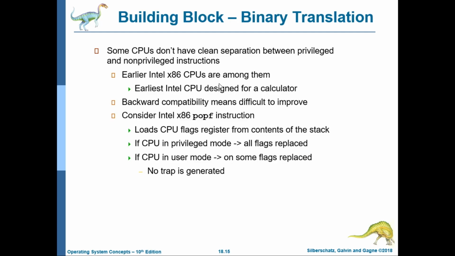So the next building block is binary translation. Some CPUs don't have a clean separation between privileged and non-privileged instructions. Earlier Intel x86 CPUs are among them. Of course, these are relatively old systems, like the earliest Intel CPU designed for a calculator.